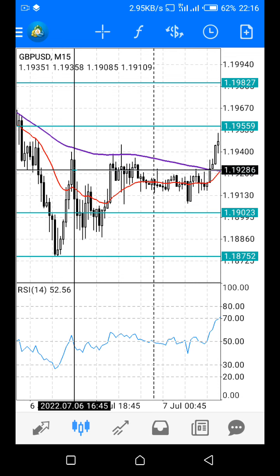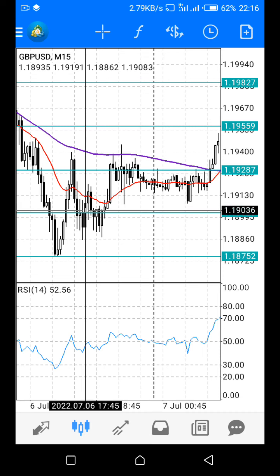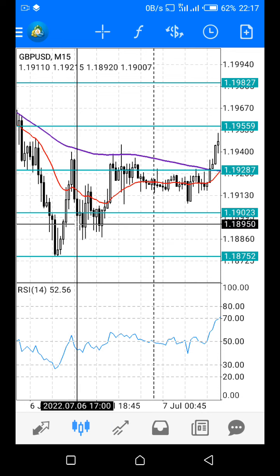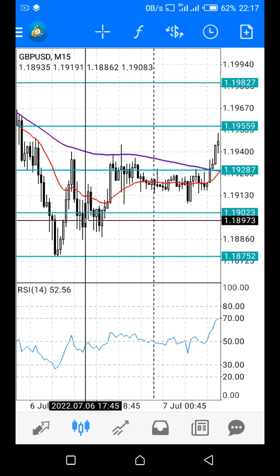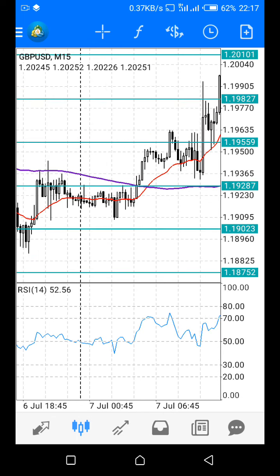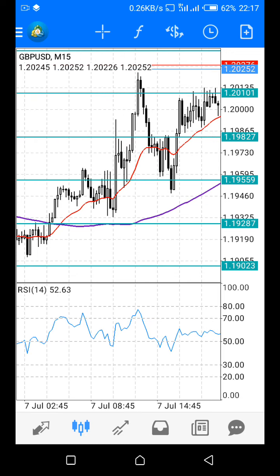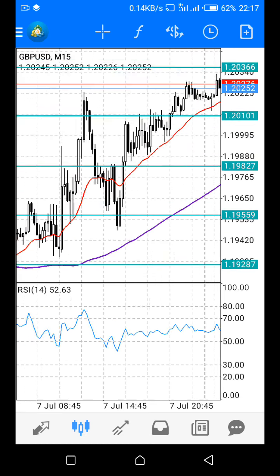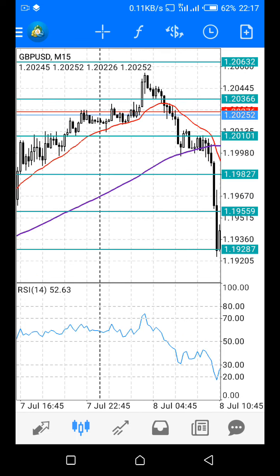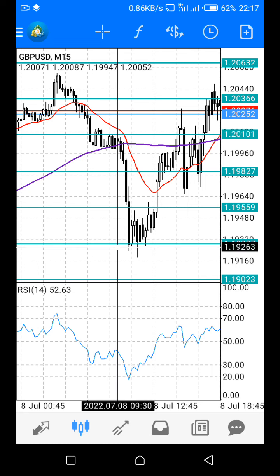This is a resistance level, and when it breaks a resistance level, the resistance level becomes support. See how the market respected those levels. It breaks it, it will go touch the next. When it was coming down, you see how it rested on the level.